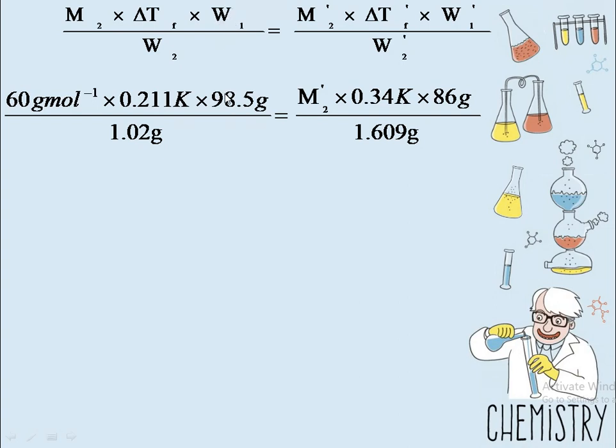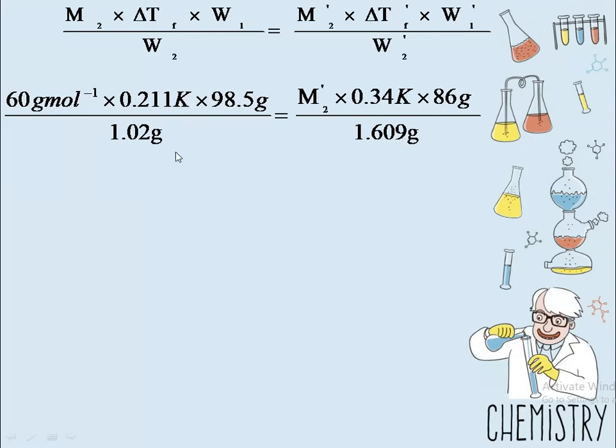Weight of the solvent is 98.5 grams and weight of the solute is 1.02 gram. Here we have to find the molar mass of the unknown compound. Delta Tf value for the unknown compound is 0.34. Weight of solvent for the unknown is 86 and weight of solute is 1.609.